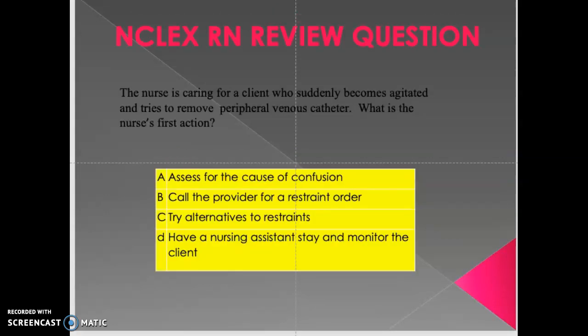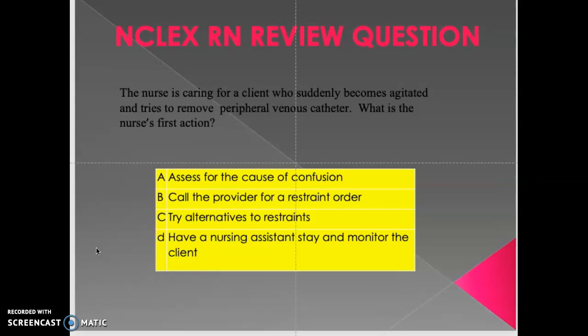The nurse is caring for a client who suddenly becomes agitated and tries to remove a peripheral venous catheter. What is the nurse's first action? So this question is also relating to prioritization. Assess for the cause of confusion, call the provider for a restraint order, try alternatives to restraints, have a nursing assistant stay and monitor the client.